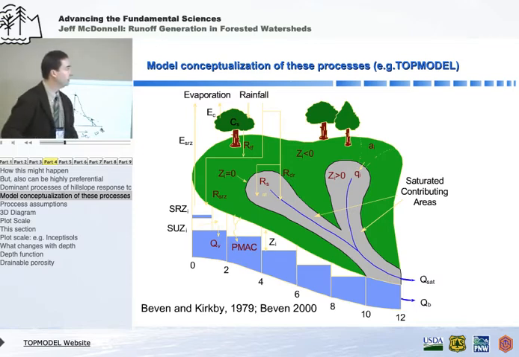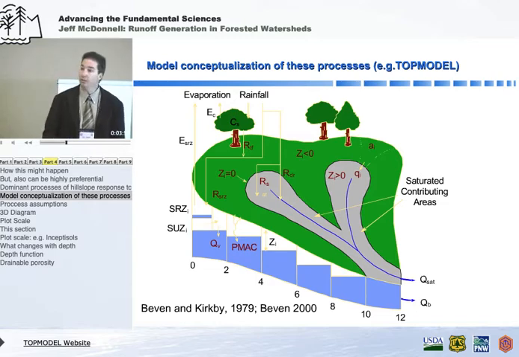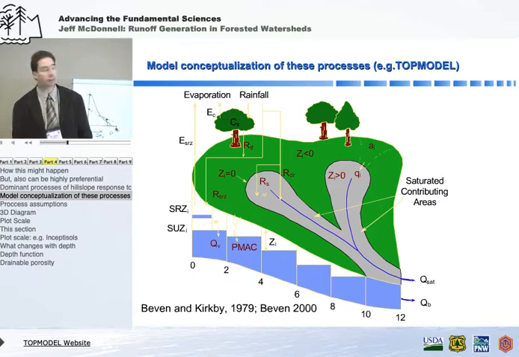It was developed in the mid to late 1970s by Keith Beven, who's now at Lancaster University in the UK, and Mike Kirkby at Leeds. And Beven has made a career of really looking at uncertainty in hydrological modeling and how one couples processes and model concepts. But it's very appealing to us in forest hydrology because it's really variable source area based.